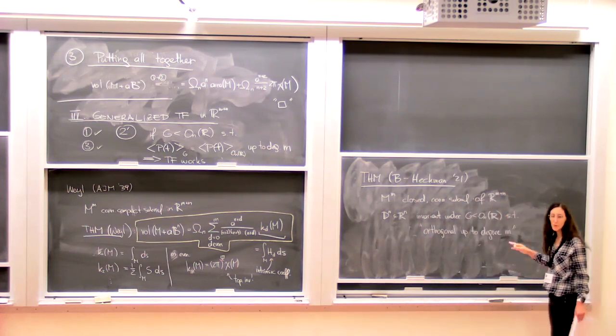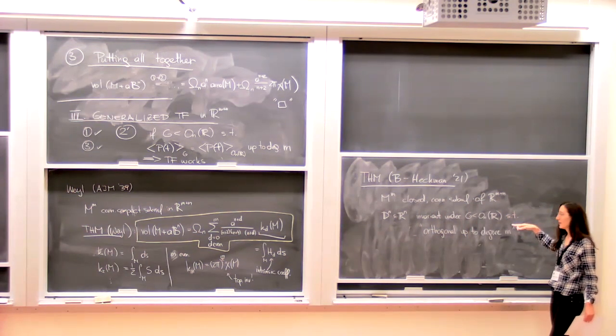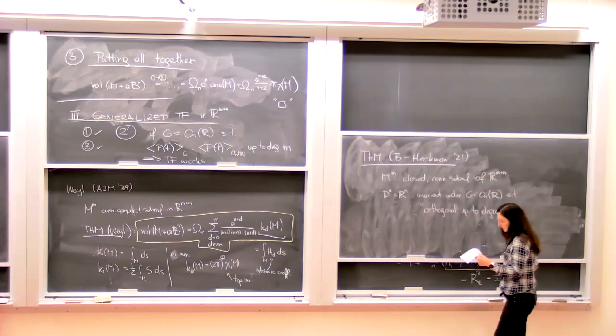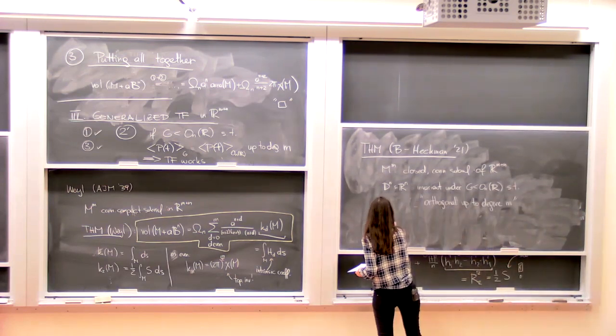This means that the polynomial invariants up to degree m are the same as the ones of the orthogonal group. In higher degrees, anything else can happen, okay? And then the result is that the volume is still intrinsic, and the formula looks as follows.